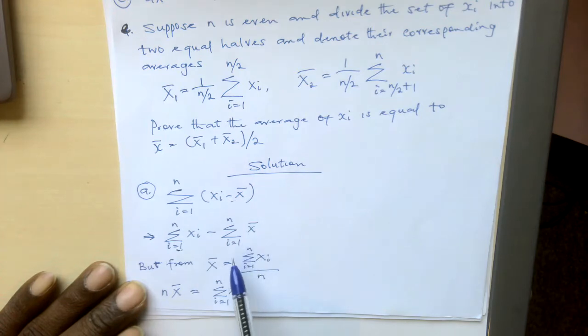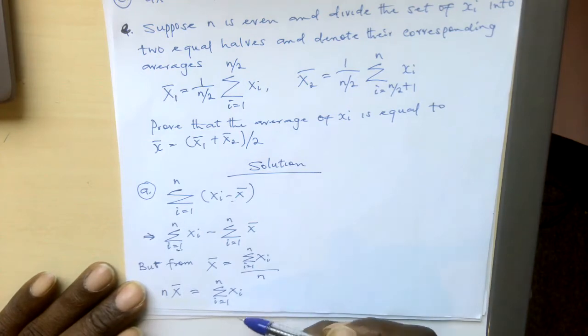But we know the formula for x bar, which is summation xi over n, right? When you cross multiply this, you have n times x bar equals the summation of xi, of course i ranges from 1 to n.